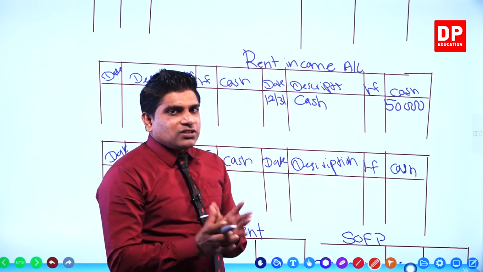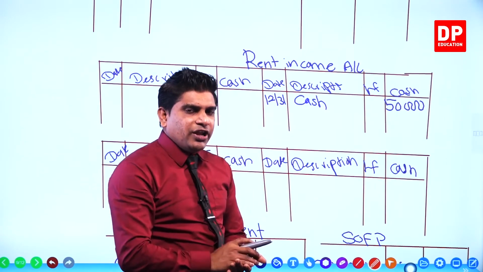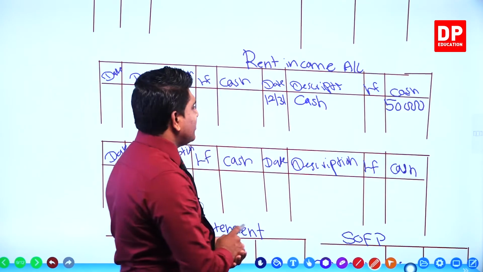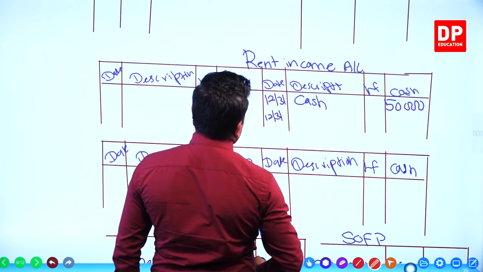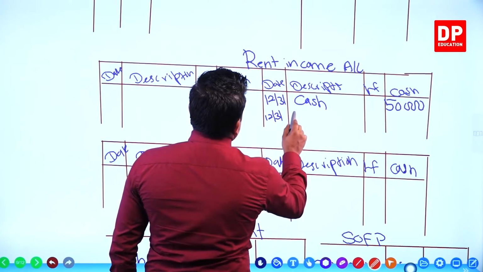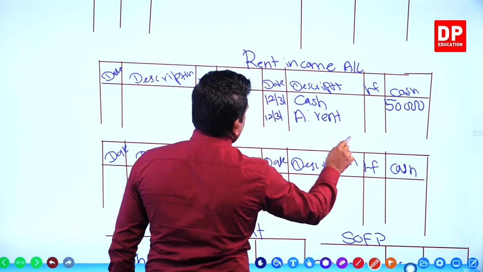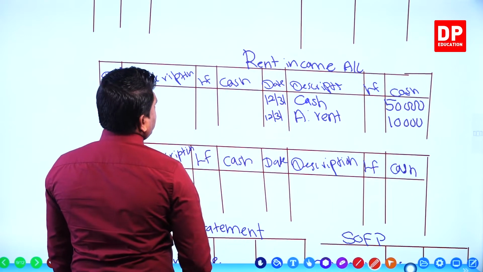Then what's the double entry I have given before? Rent income account credit, accrued rent income account debit, 10,000, 10,000, right? Then 12/31st, accrued rent 10,000, right?